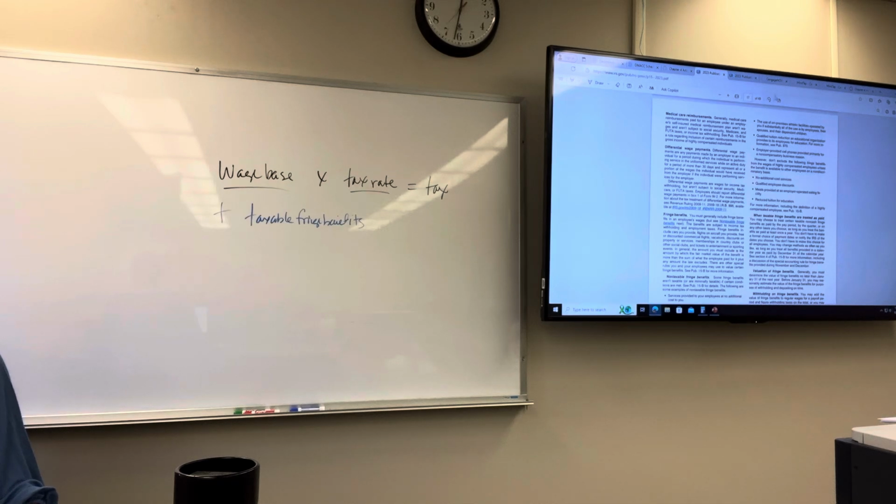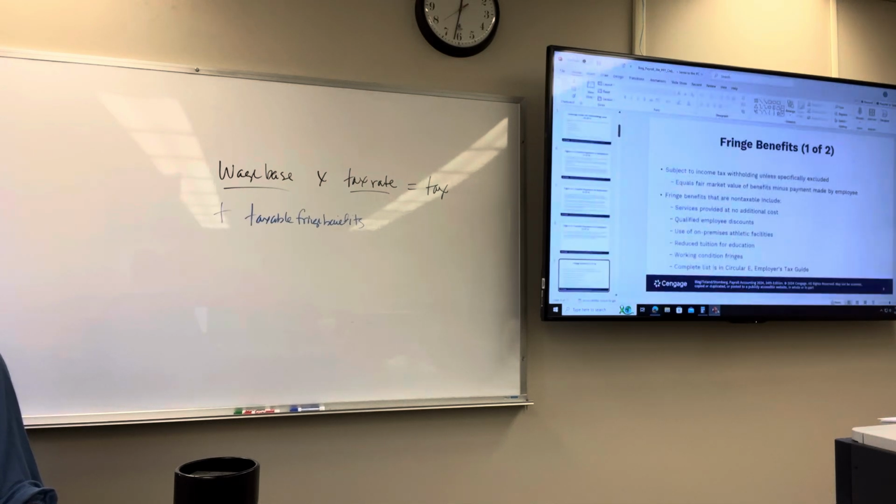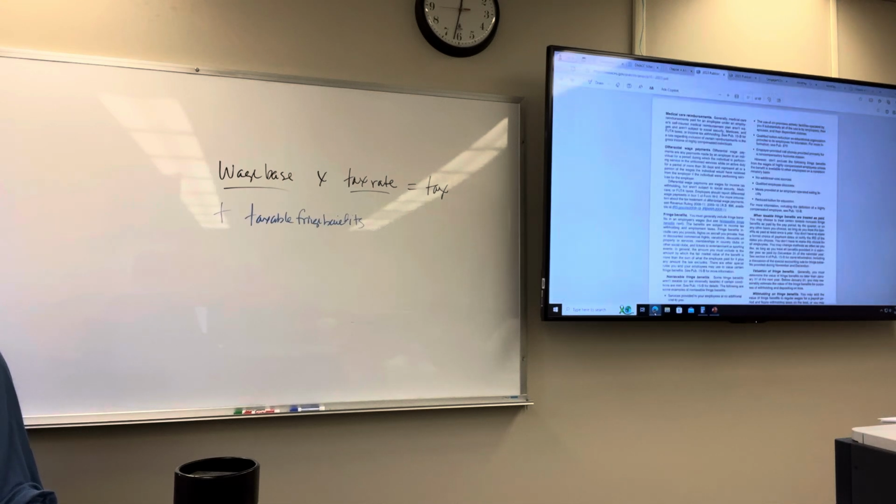So I guess it doesn't really say additional. Did it say something about the working condition? Employer-provided cell phones provided primarily for a non-compensatory business reason. So if you've got to be on call and they provide you a cell phone, that sort of thing.